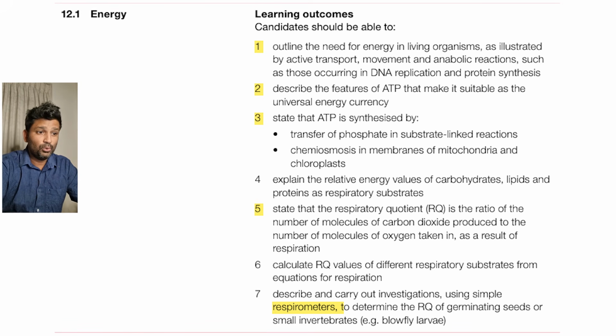Nevertheless, you need to know what respiration is all about, and you also need to know why ATP makes a good universal currency, because these are areas that have not been tested, especially why ATP is considered a universal energy currency. The syllabus itself tells you why it is a good energy currency, so you might want to go through that.